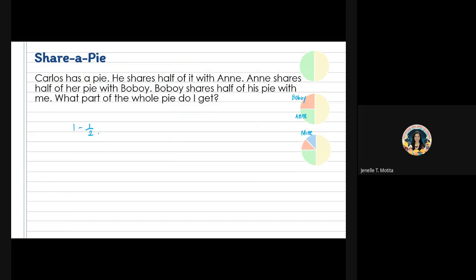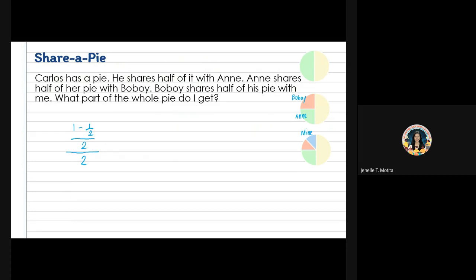So the difference between these two, we will divide by 2, and this is the part of Boboy. Then Boboy shares half of his pie with me, so after dividing this by 2, we're going to divide it again by 2. And this is my part already. This is the complex fraction representation for this word problem.